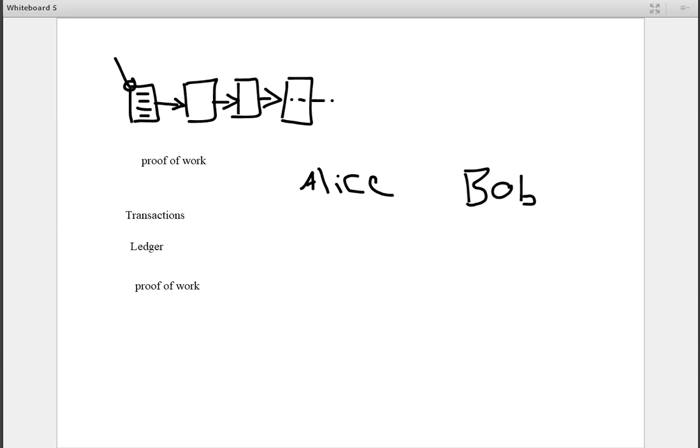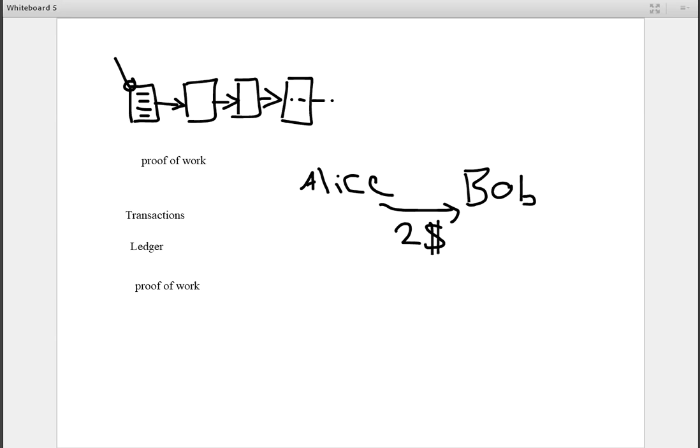Suppose that Alice wants to send some money, for example, $2 to Bob. This is called a financial transaction.